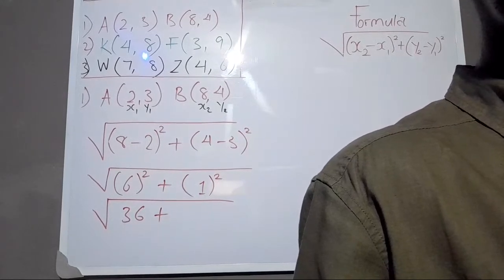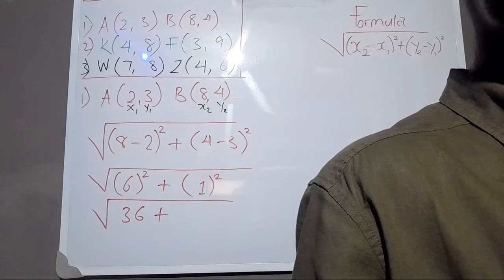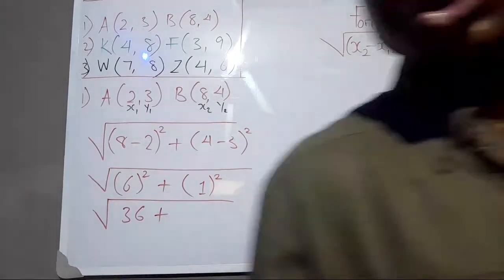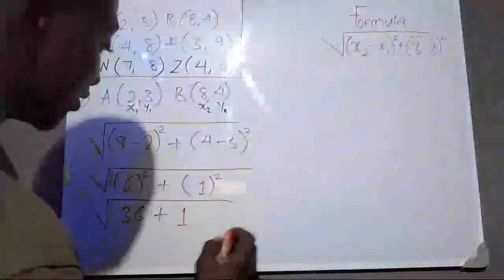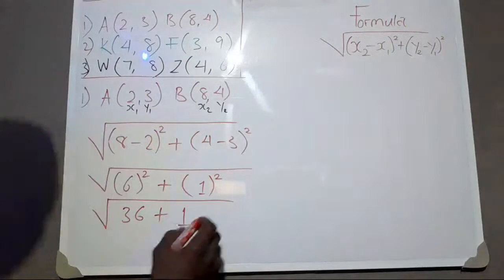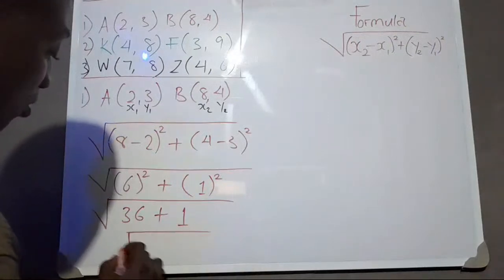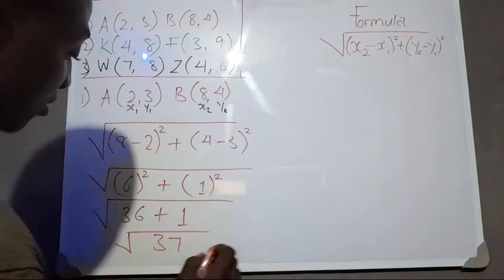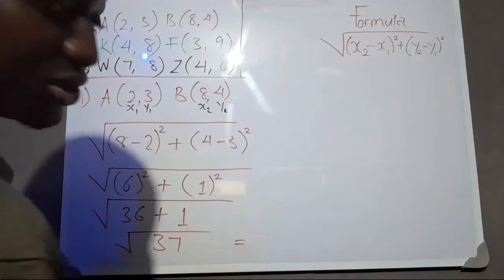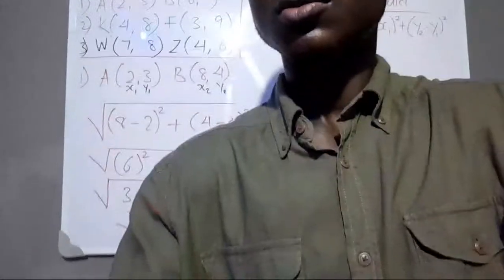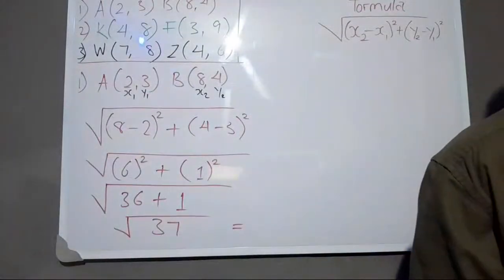Okay, I'm just trying to get my material together. So this should give us, I believe we all can see this, 37. So our answer should be the root of 37.